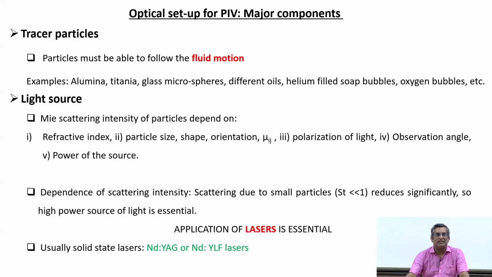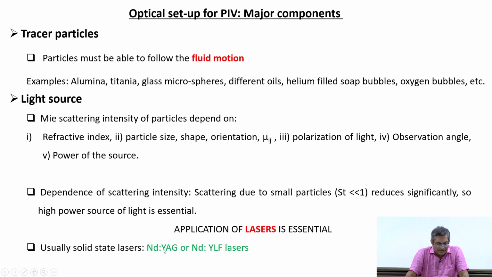But considering that the intensity of scattering is proportional to the square of the particle size, smaller particles wouldn't scatter enough light. If they don't scatter light, how will we capture it? This is the reason why a high power laser source is essential in this case. So, application of lasers comes into the picture. This is why we should use lasers, and pulsed lasers particularly, because they can give high power.